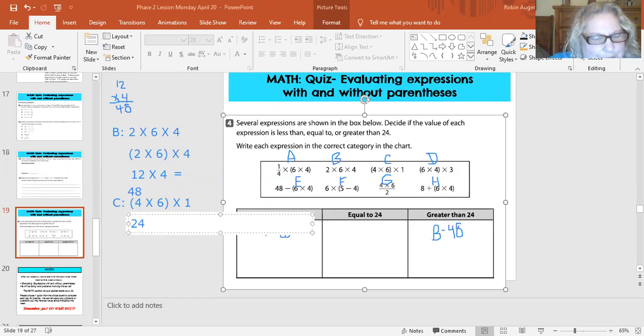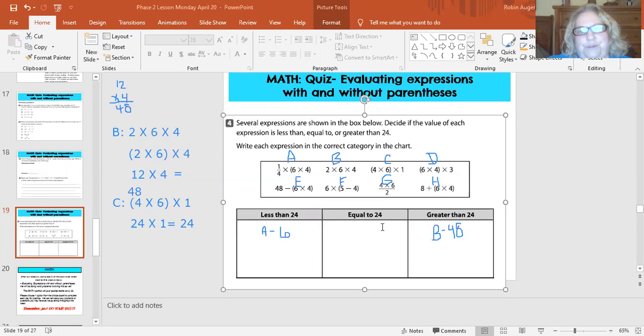Bring down what we didn't use, times 1, equals. Anything times 1 is that number, so 24. Okay, so this one is going to go into the middle column. So letter C is equal to 24.